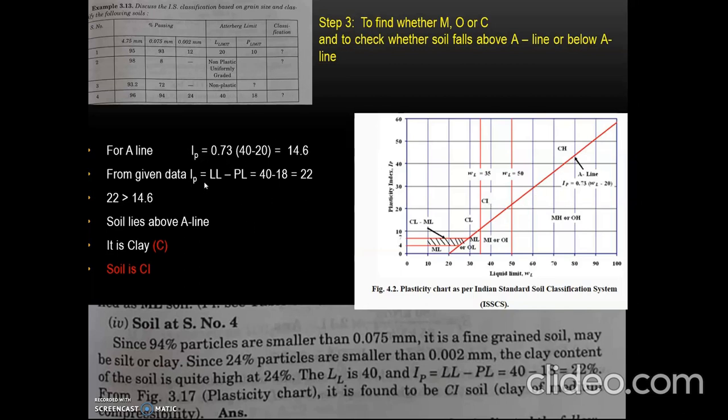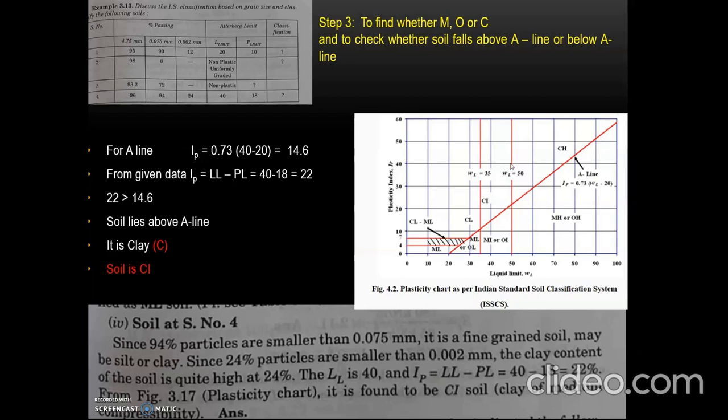Now we find IP for the given soil. IP for the soil is equal to the liquid limit, that is 40, minus the plastic limit, that is 18. So 40 minus 18 is equal to 22. Now we compare these two values. We confirm that 22 is greater than 14.6.